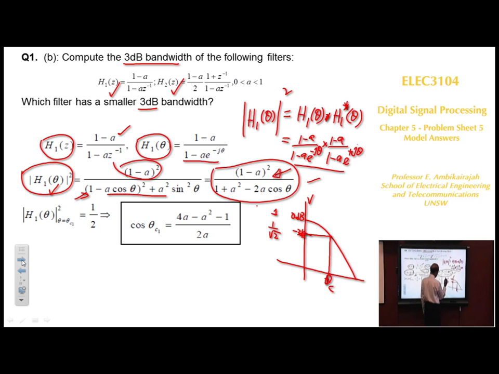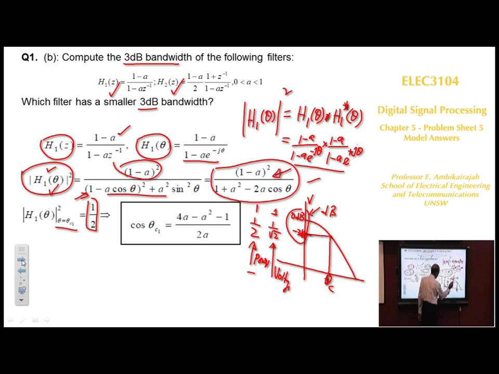If you take power, this will be 1 and this is half. So this is power, this is voltage, and this is in dB. So they are all the same. In our case this is squared, so we just take the power part. So we are trying to find out θc, the cutoff frequency, when the modulus squared is equal to half.